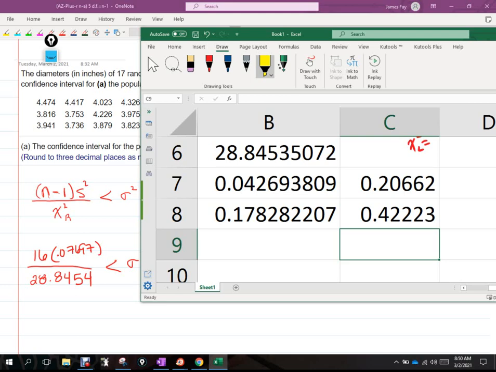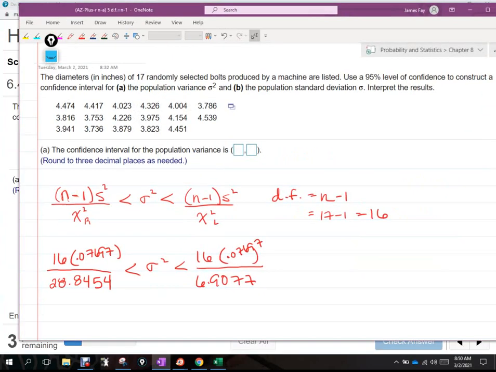We want that variance, that standard deviation, that interval, from the manufacturer's perspective, to be as narrow as possible. Does that make sense? Because remember what we're doing here: we're looking at the diameters of 17 bolts. If I'm manufacturing bolts, I want very, very little variance or standard deviation from each bolt to the next.